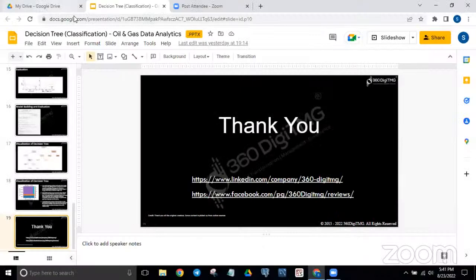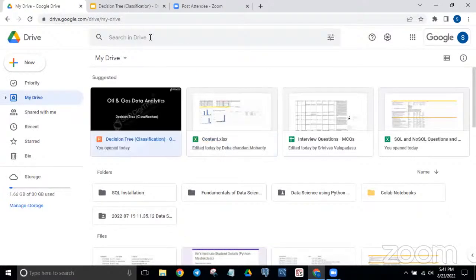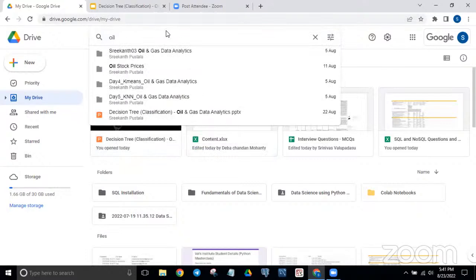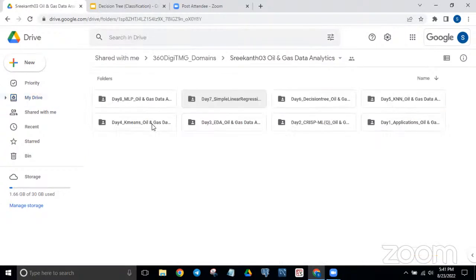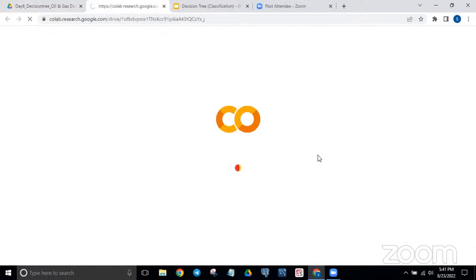When it comes to code, I have taken this particular code in Google Colab.